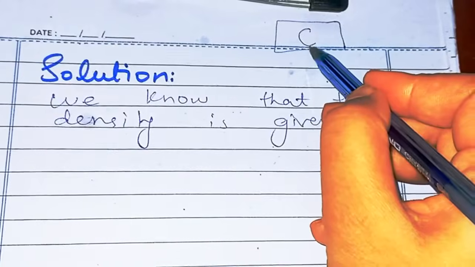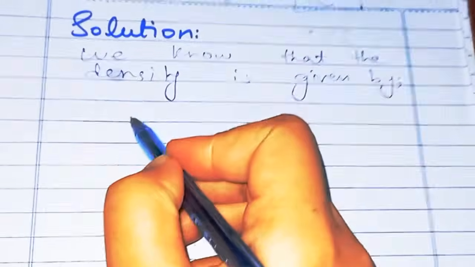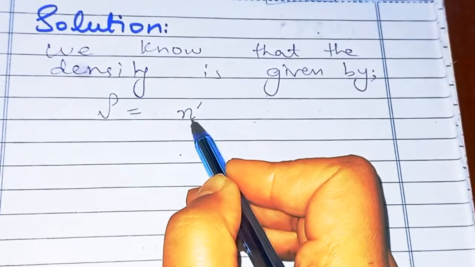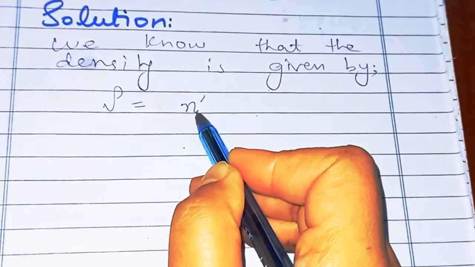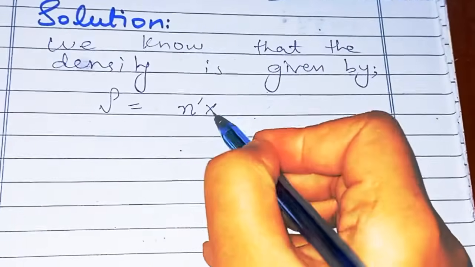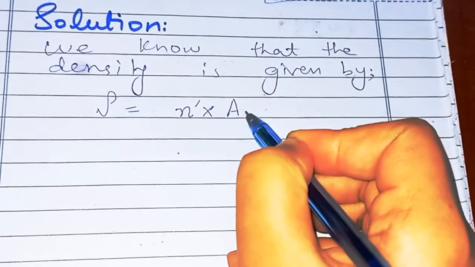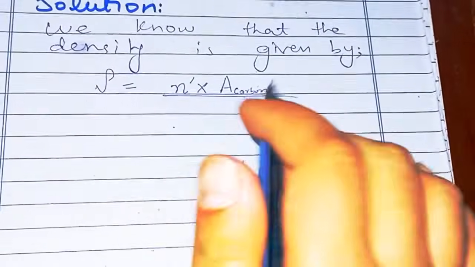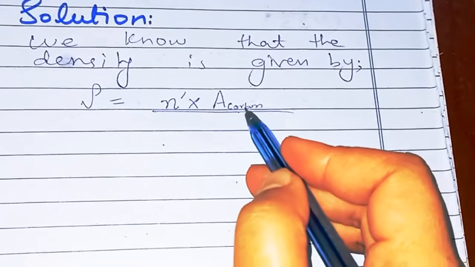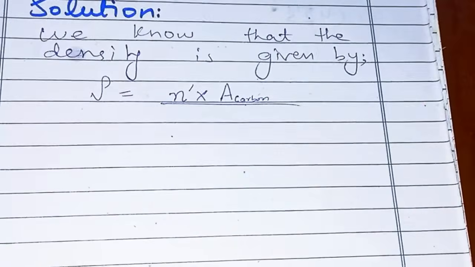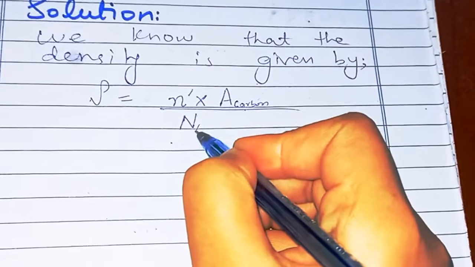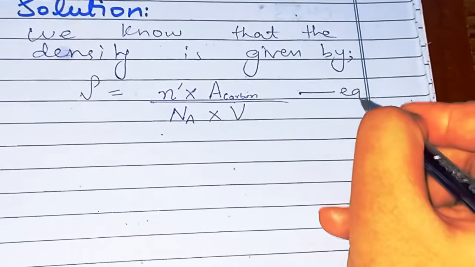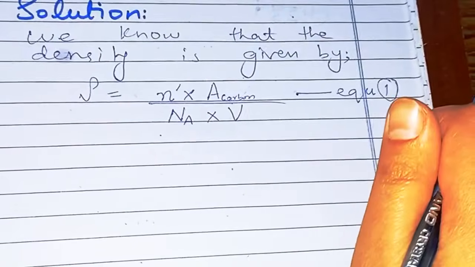Hence we have rho equals the number of carbon atoms per unit cell, multiplied by the atomic mass of the carbon atom, or whatever atom you are considering, divided by Avogadro's number times the volume of the unit cell. That is the formula that we'll be using, and let me call it 1.